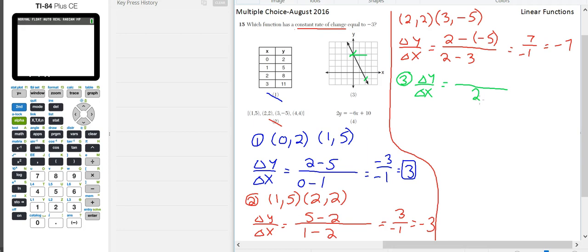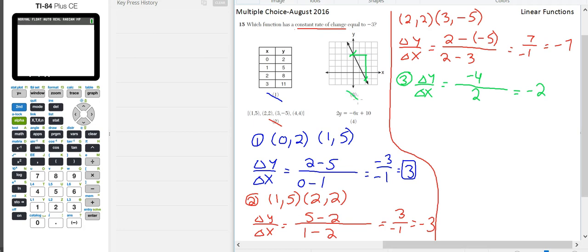Then for our change in y values, we move down to the other coordinate: down 1, 2, 3, 4. So our change in y values is -4 because we went down 4. -4 over +2 is -2. So the slope of this line is -2. Since the question wants which function has a rate of change equal to -3, choice 3 can't be the answer.